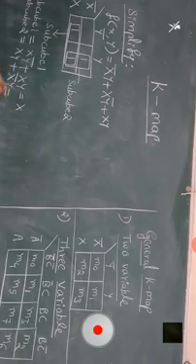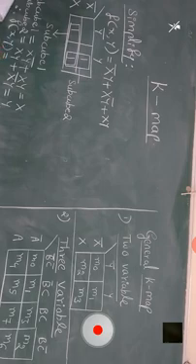Between these two terms, I have the common term y. So I write here y. Hence, the final result, f of x comma y is equal to x plus y.